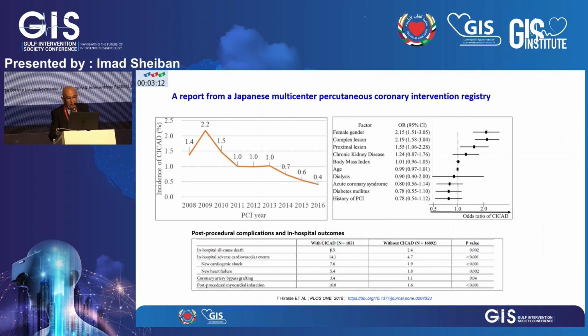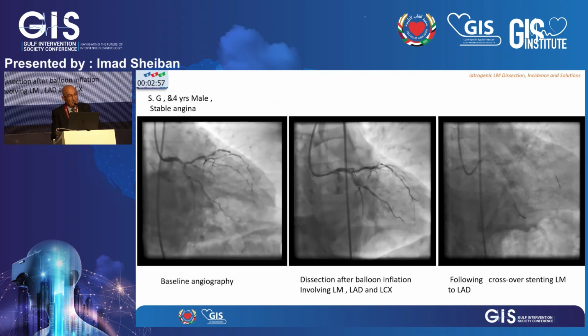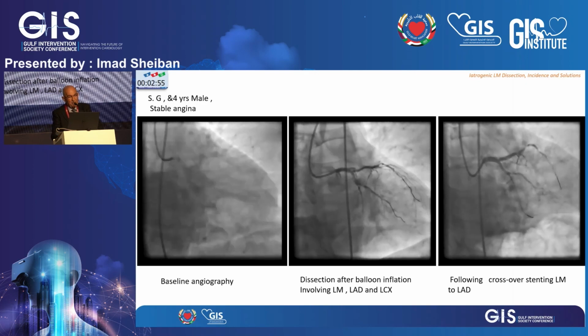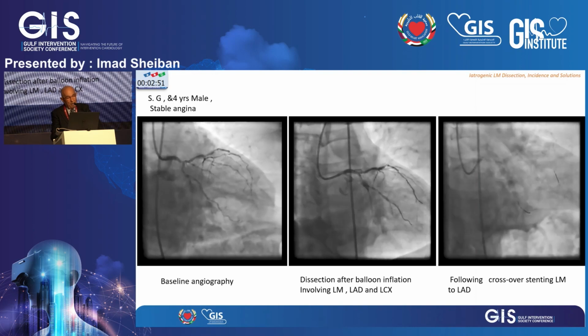This is from Japanese cohort showing that there are some predictors like female gender, complex lesion, or proximal lesion.